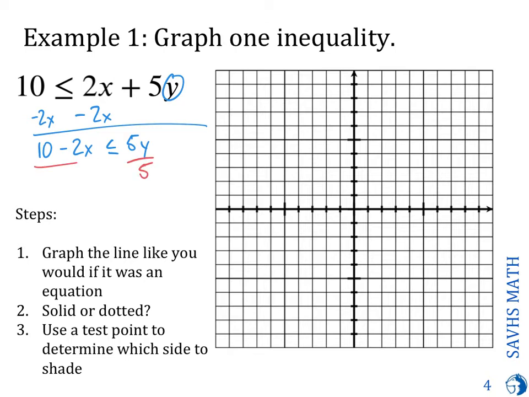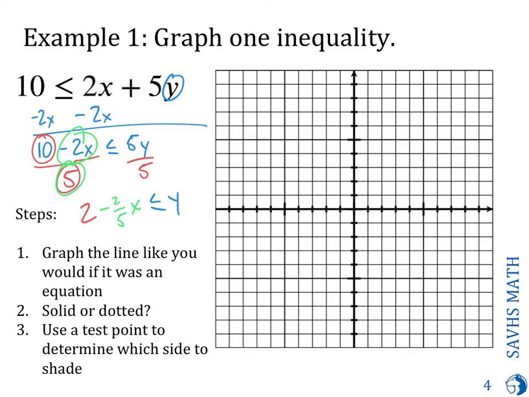I've been noticing a little bit of an issue with this. Make sure that you do the 10 divided by 5 first, and that's 2, and then do the negative 2x divided by 5, which is minus 2/5 x. Over here, 5 divided by 5 is 1, so I'm left with just a y.